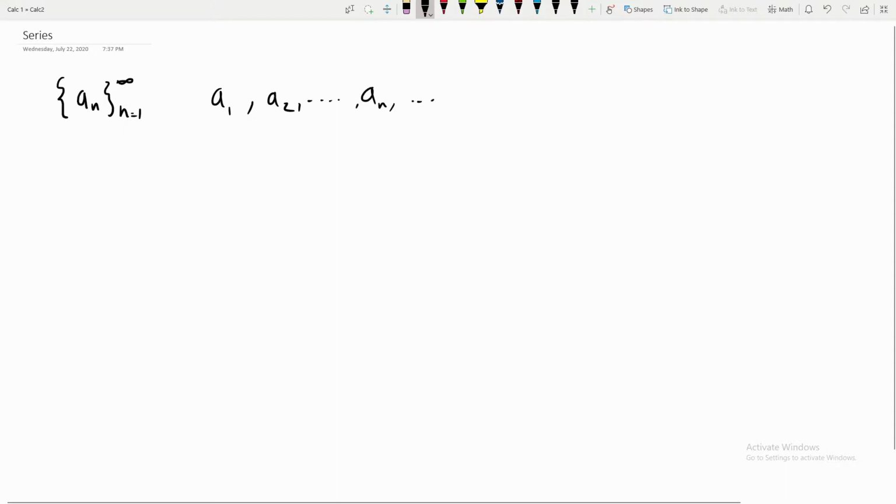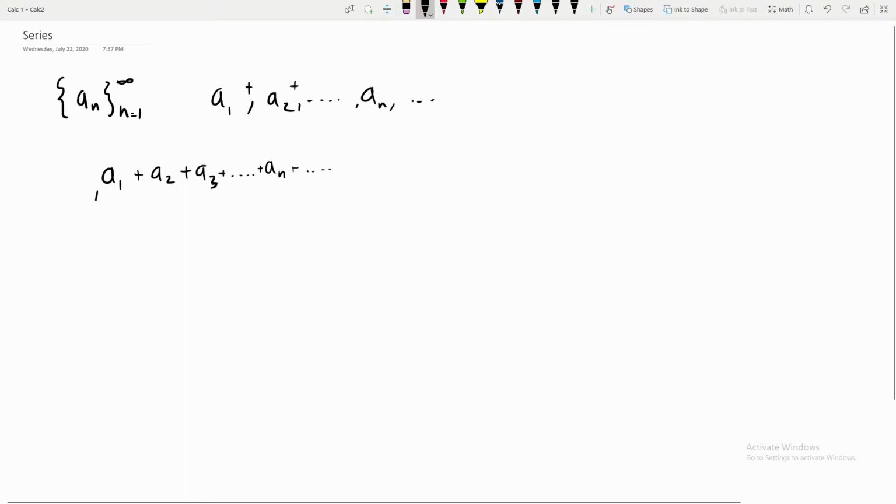But now the series aspect of it is what happens when we try to add these terms and not just separate them into some sort of collection. So in this case, we would get the series a_1 plus a_2 plus a_3, all the way on to a_n, and then obviously we would add all the way up until infinity.